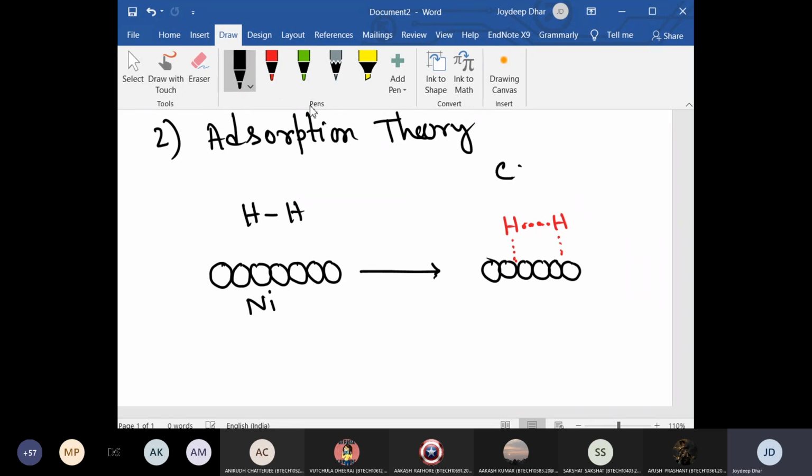ethylene, I am writing in a single step only. In the third step, first hydrogen will come and it will get weakly adsorbed, and then in the next step, the alkene molecule which will be reduced into the alkane will start interacting with the hydrogen. As a result, what will happen?